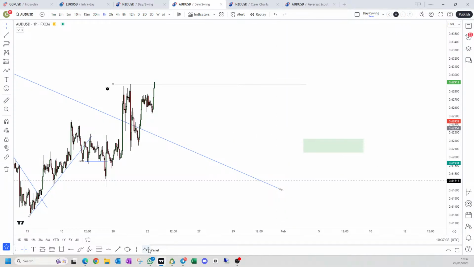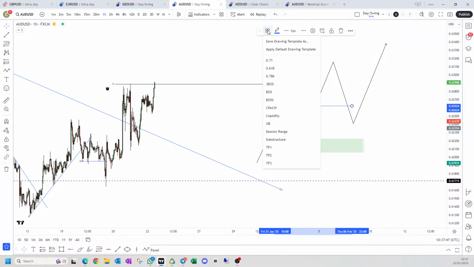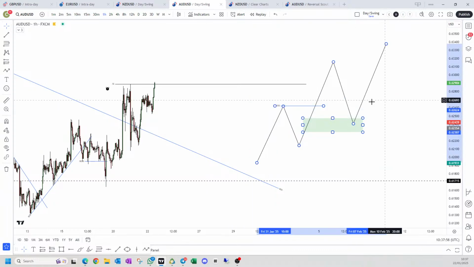just a simple flat break, where this is the break of substructure, and then we look for that level. That's what we're waiting on. So if this closes above, this will be our break of substructure.